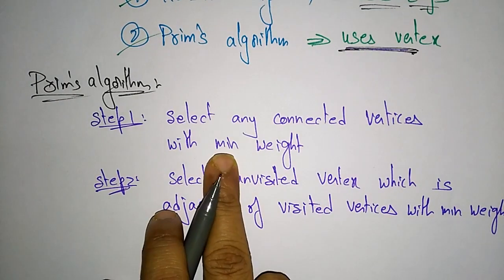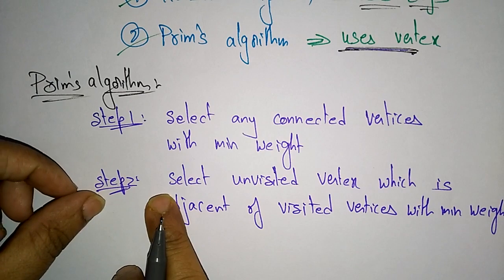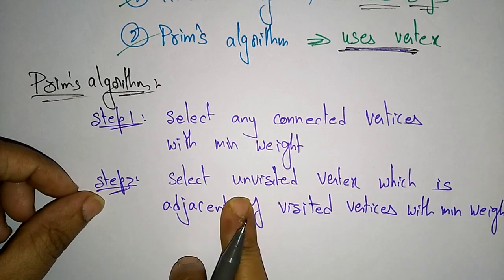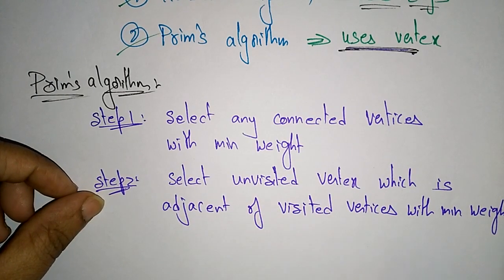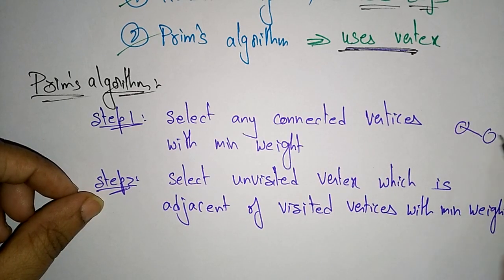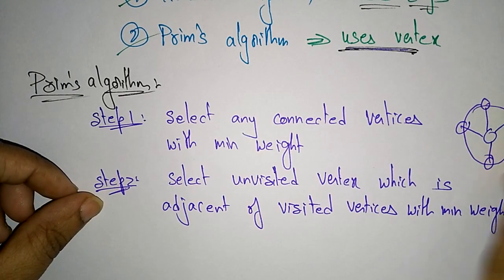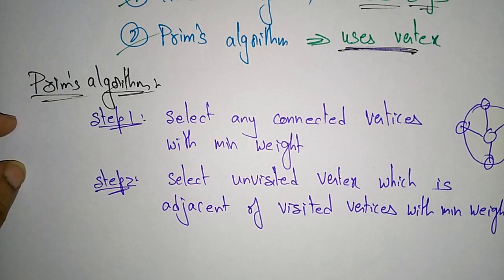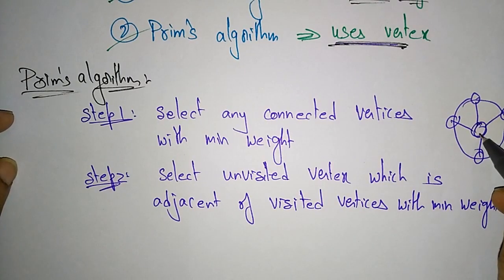That is the rule, because first we select one of the vertices having the minimum weight edge, and in step 2 we select the unvisited vertex which is adjacent to the visited vertex. It should be like here or here or here, means adjacent to the visited vertex.